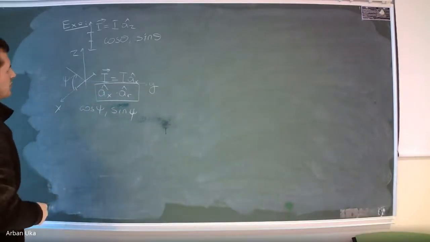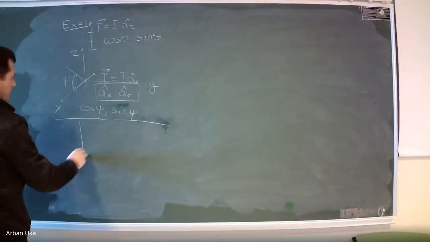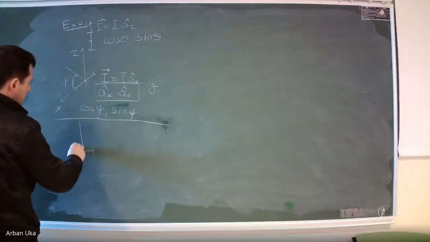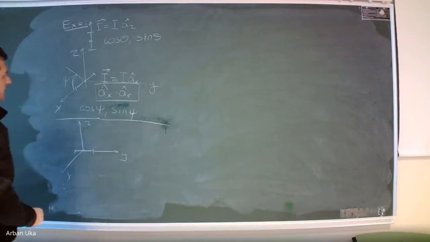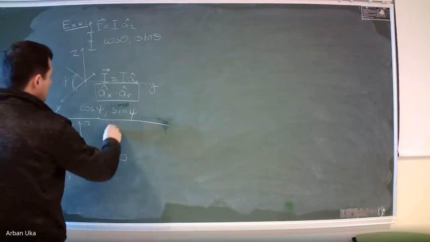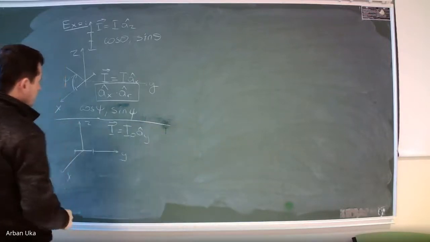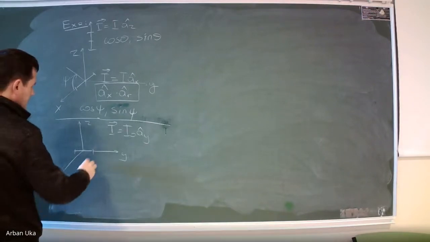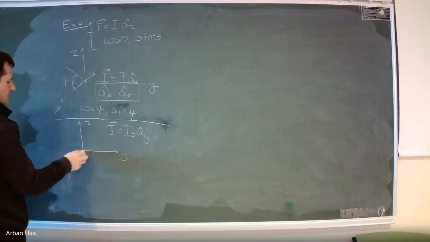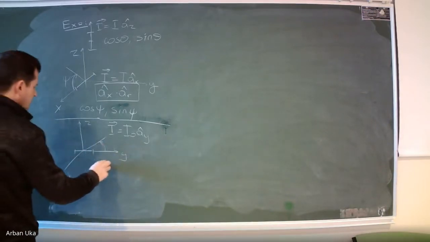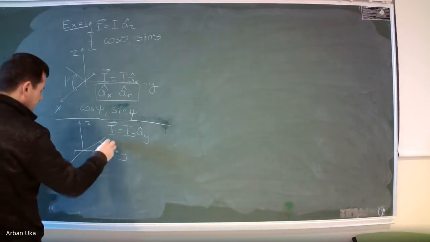Now, let's assume for a moment we can also have a different configuration where the dipole moment is pointing in this direction along the y. This would be x, this would be z. In this case, the current would be equal to I_0 a_y, and the relevant angle here would be an angle which extends in this direction, and then the important angle would be this, right?